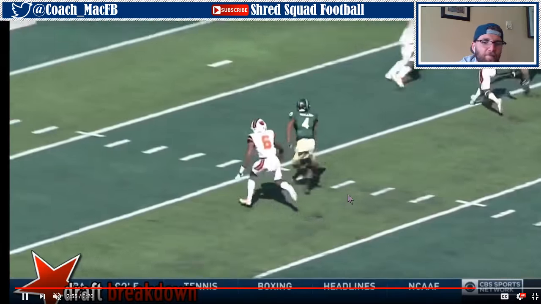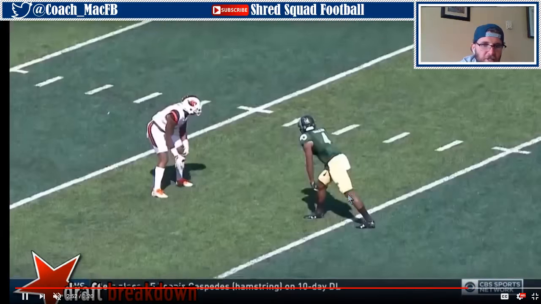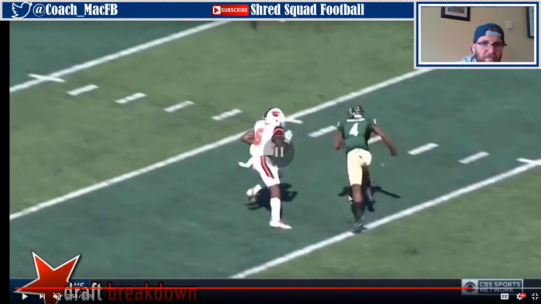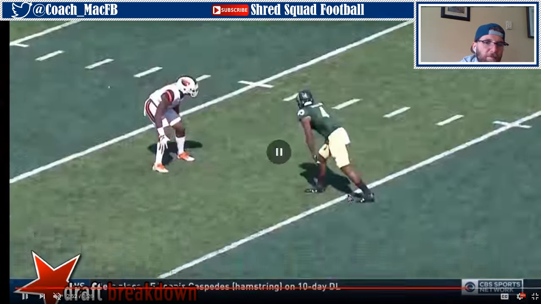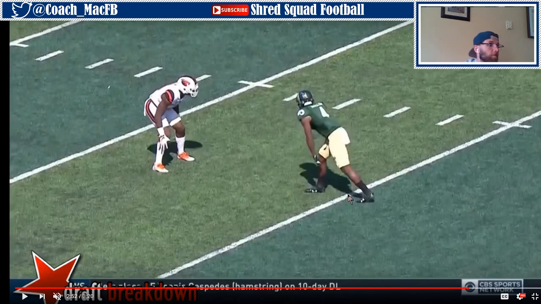And then releases upfield. And he doesn't even get touched. Look. That's why the separation started here, right here. Because what happens is, watch this DB. We're going to write this down too. Write this down. Get the DB to stand still on your release.